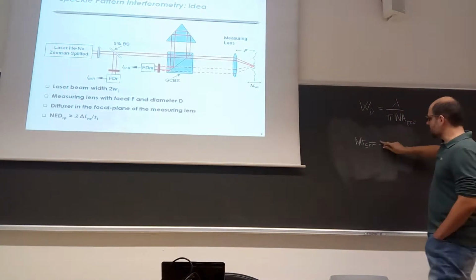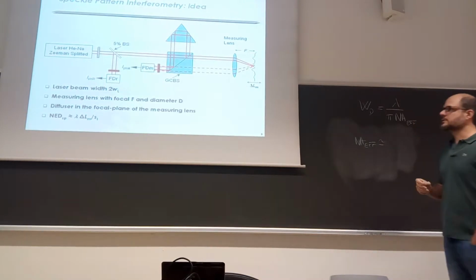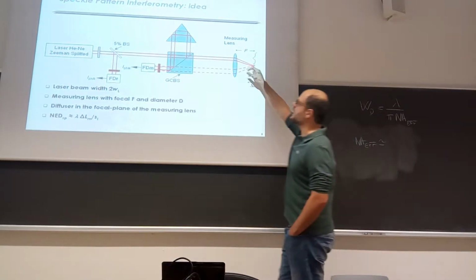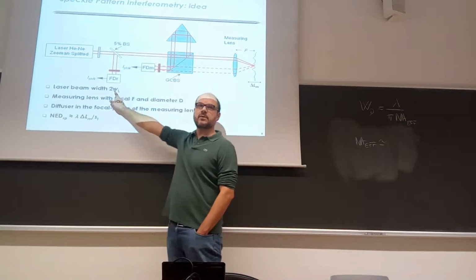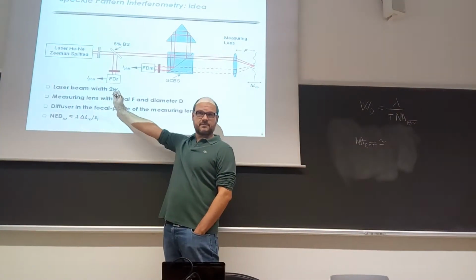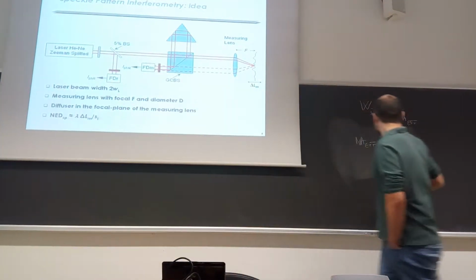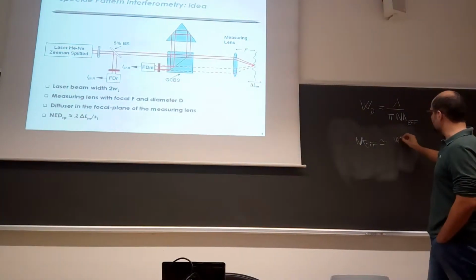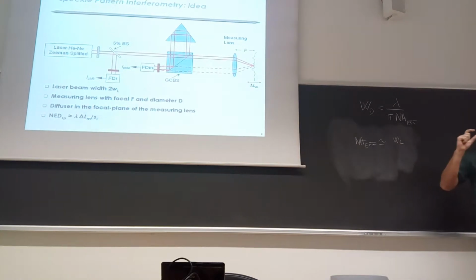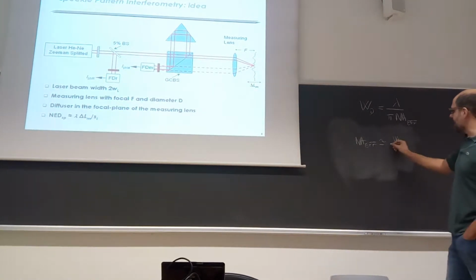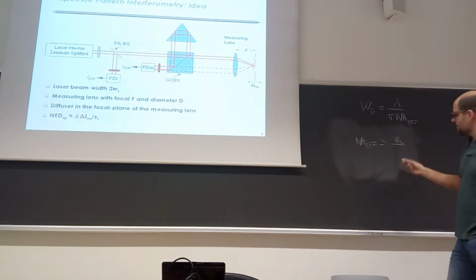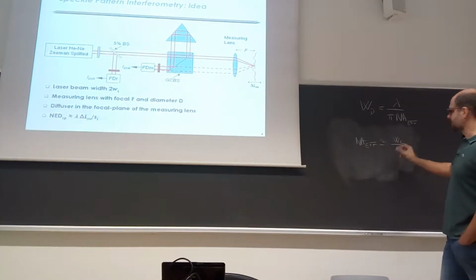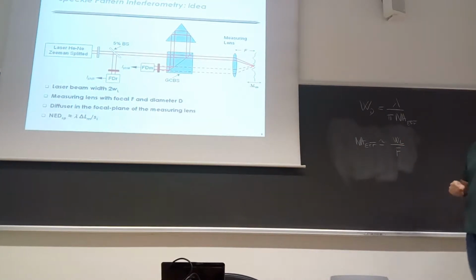In an approximation, we can write this thing. So we know that the beam has a diameter that is 2WL. So we can say that the effective numerical aperture is simply given by the radius of the beam divided by the distance that is the focal length.